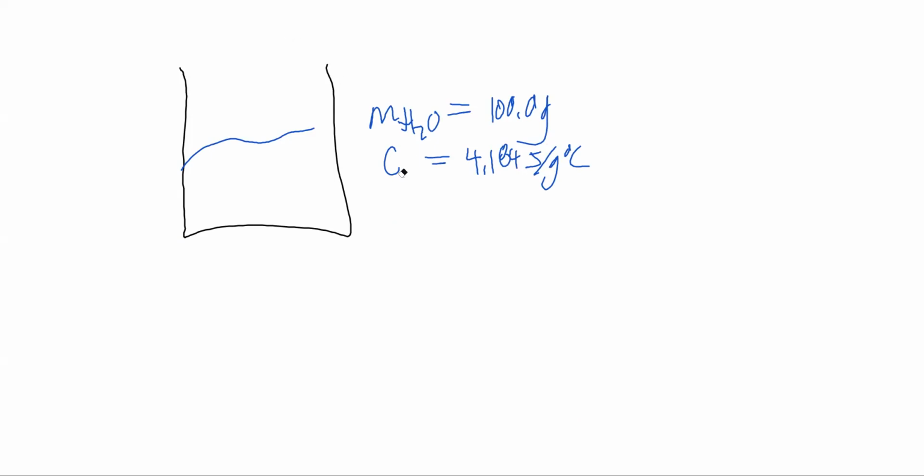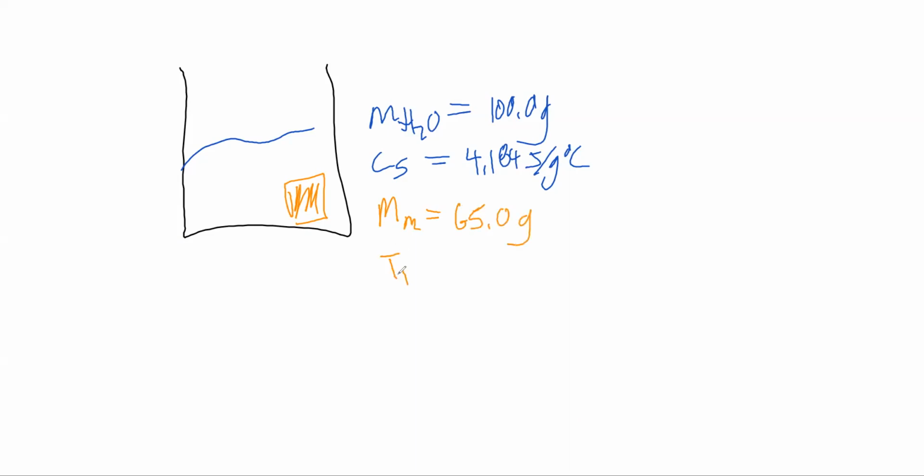Now, to that sample, we're going to add in a piece of metal. Now that metal has a mass of 64.65 grams.